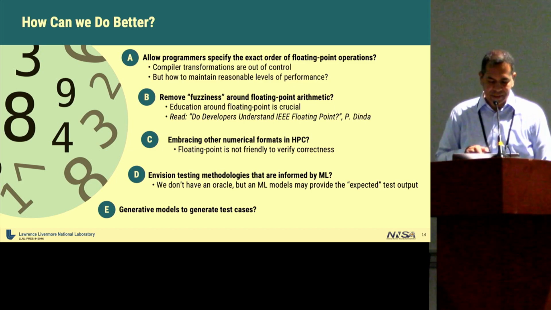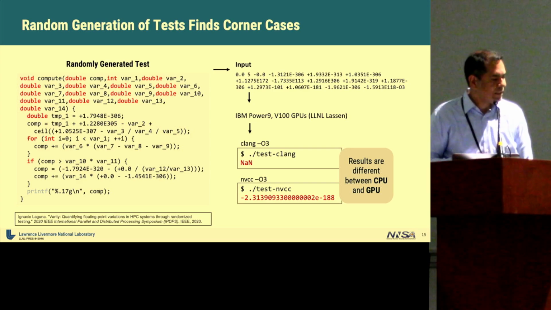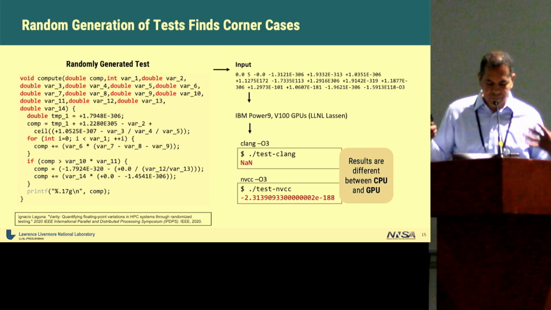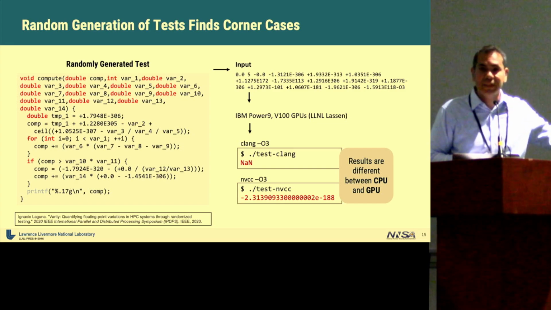I know this idea works because we have done some work on automatically generating random tests. Here's an example of a tool that we built that can generate random tests, and we did this for finding compiler-induced inconsistencies. This is a random test. You don't have to understand the code because it's randomly generated.